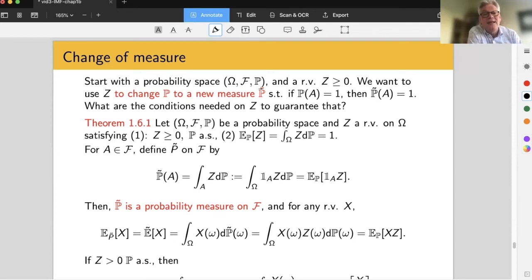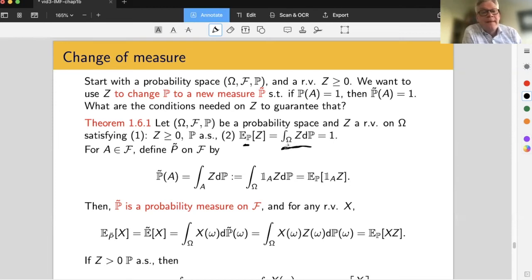And secondly, the expected value under the P measure of Z, that is the integral over Ω of Z dP, should be equal to 1. Here we explicitly write the P measure because otherwise we may get confused, since we have P and P tilde later on.